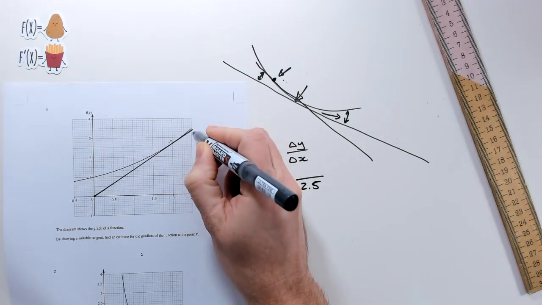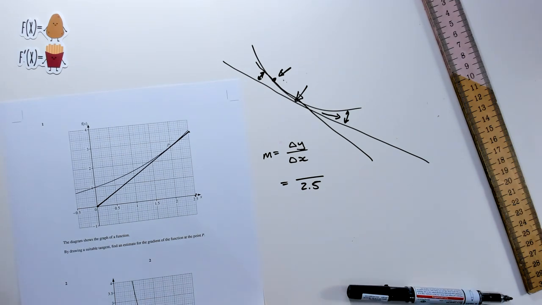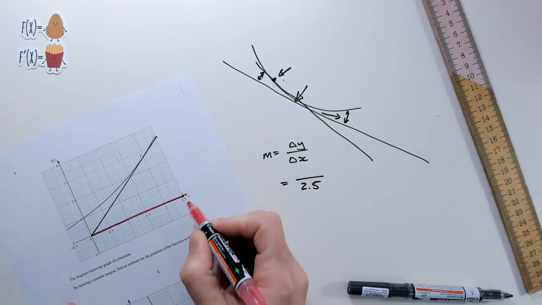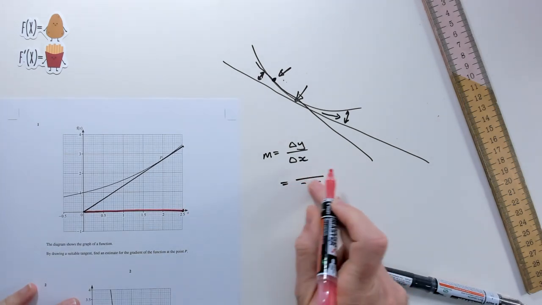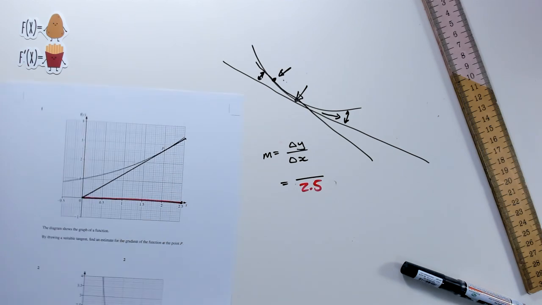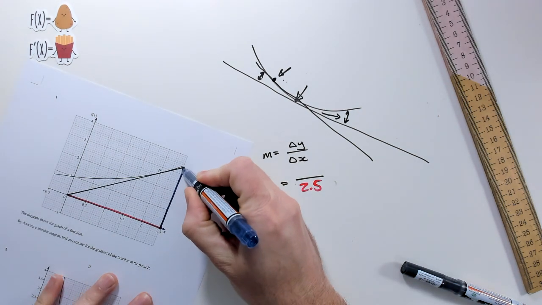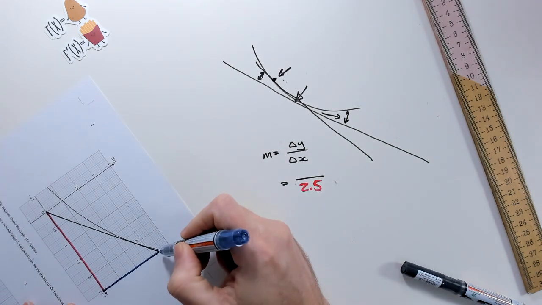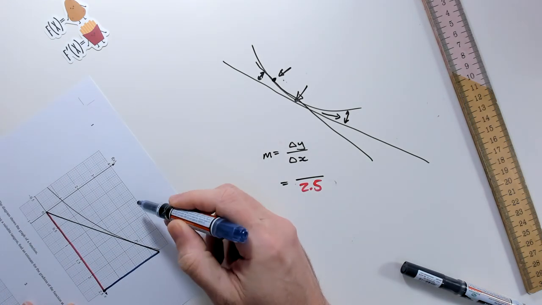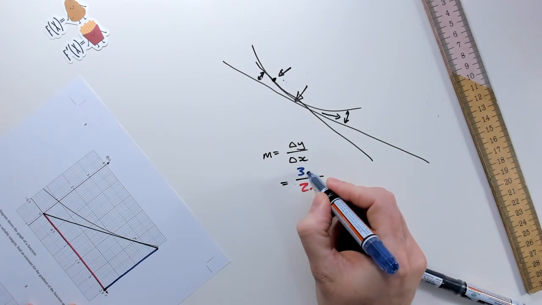If I draw a freehand triangle, that's the 2.5, and we'll use a different color for the change in y. Then I go up, and that's also positive. I have very thick markers here, so I'm just going to go with 3.3, I think.